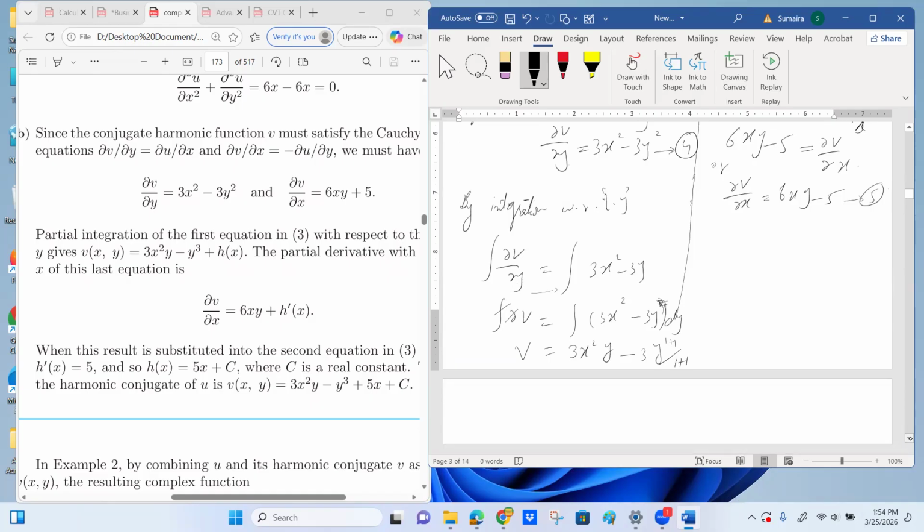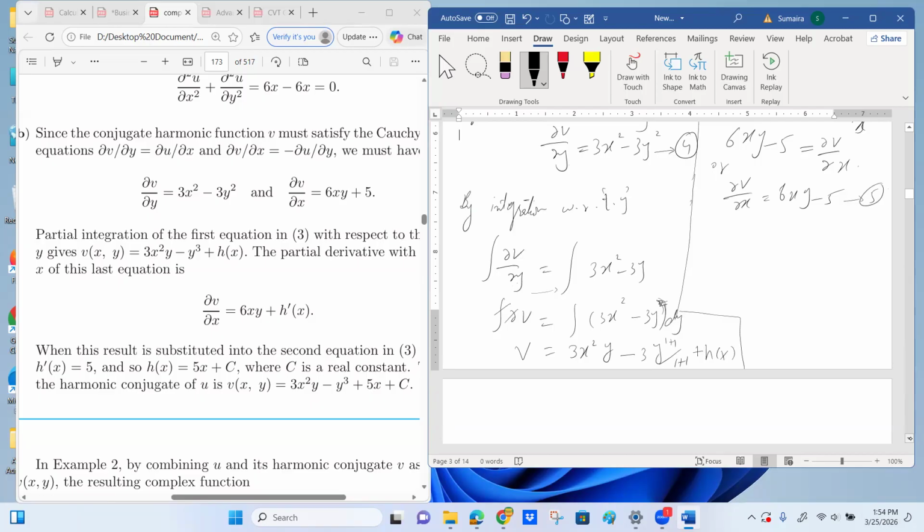In derivative we subtract 1, and in integration we use power plus 1, and this value also goes in the denominator. Plus constant; constant means here the value of h of x, that is the plus c. You write here plus c as the function plus h of x.